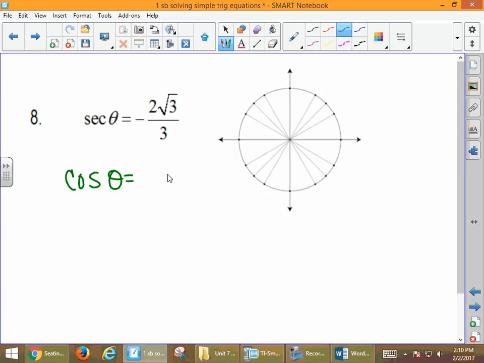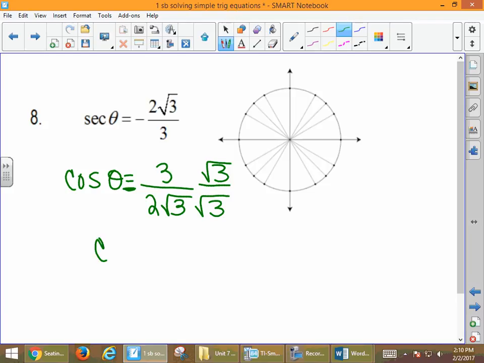Since we've got the reciprocal here, we'll take the reciprocal of our fraction, and it's going to be 3 over 2 radical 3, and don't forget the negative. We don't like the radical in the denominator, and hopefully some of you are going, oh, I know what this one is. We've done this one so many times. That's radical 3 over 3.